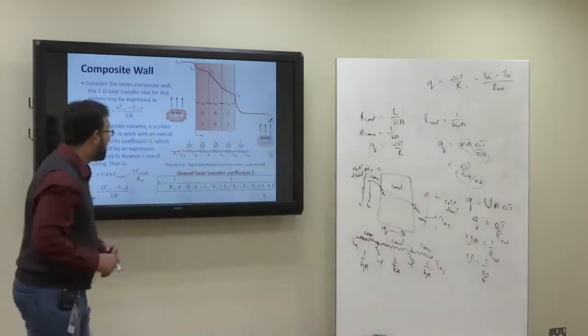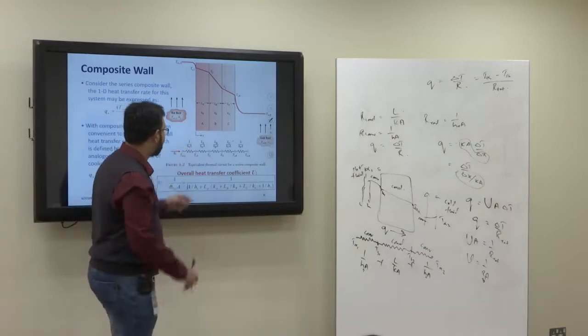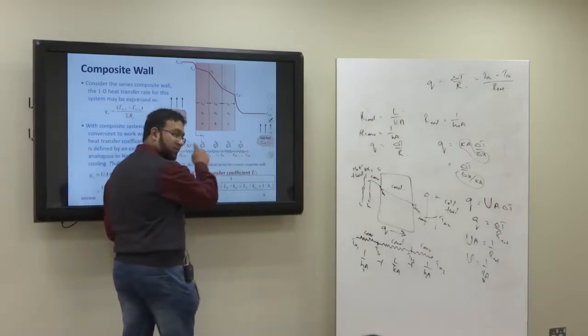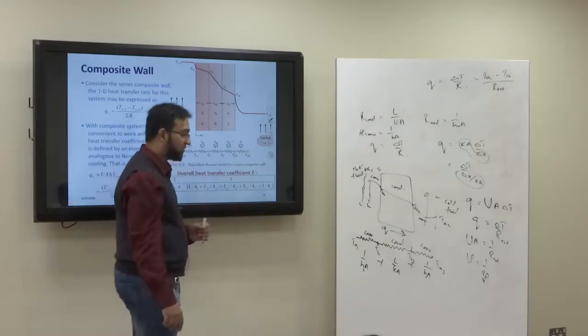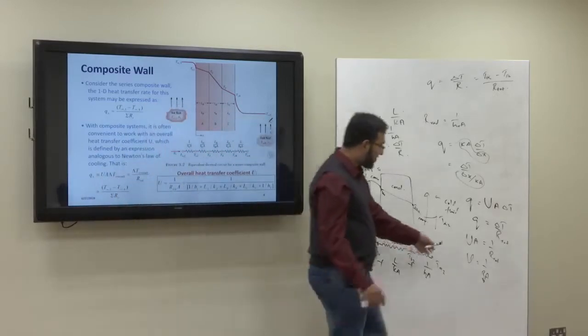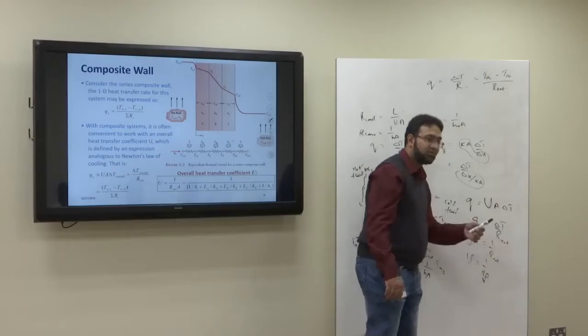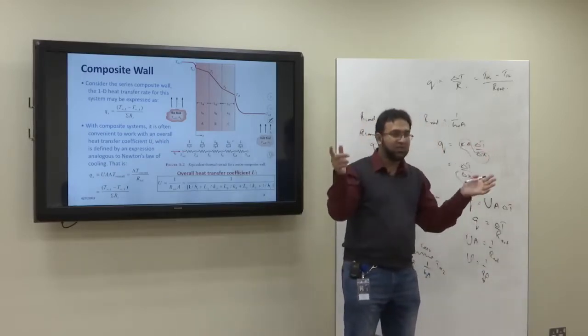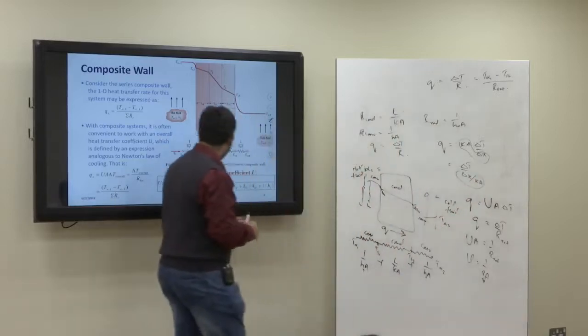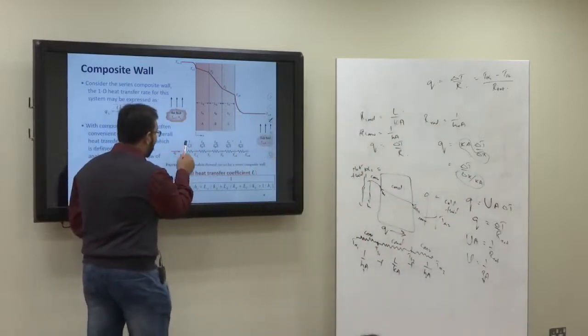Is it clear? In this case, R total is what you get if you add all together. But U is equal to 1 upon R total into A. So once you have R total, you have to multiply it with A as well. When you multiply R total with A, the A's will cancel.